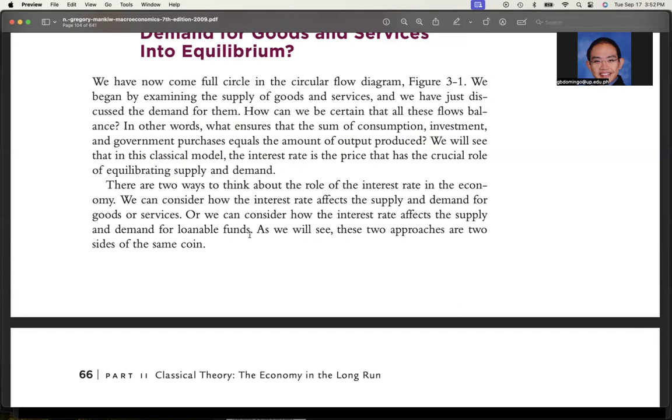So what we can say is that if one of these markets is in equilibrium, the other one is as well. So that's the sense in which they're two sides of the same coin, right? Because if factor markets are in equilibrium, and the goods and services market is also in equilibrium, it must be that the third market, or the loanable funds market, is also in equilibrium.